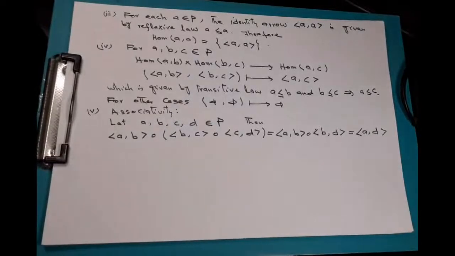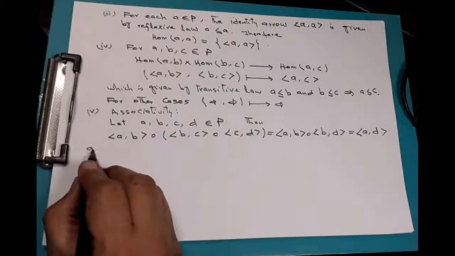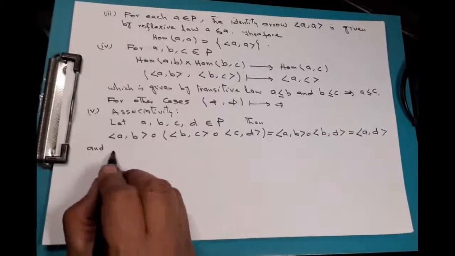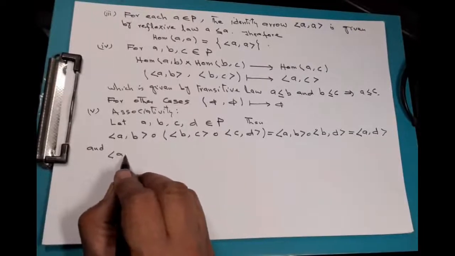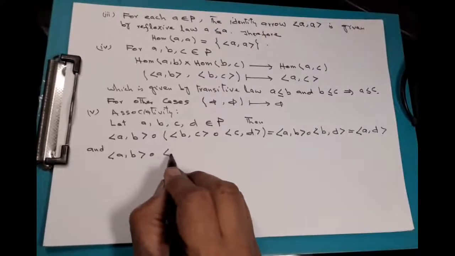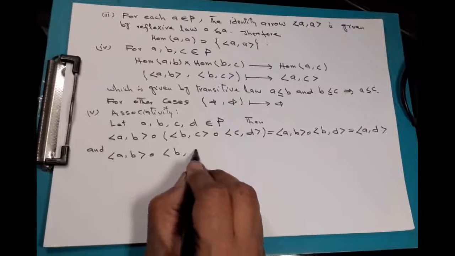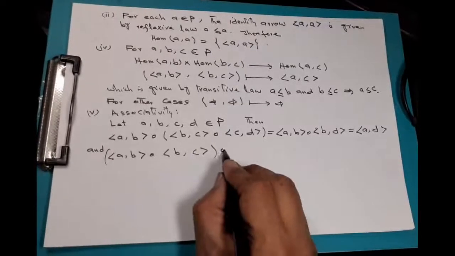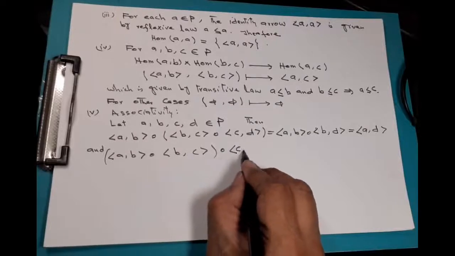And similarly, if we compose these two arrows with each other, we compose this arrow AB with this arrow BC, and we compose this composition with this arrow CD.